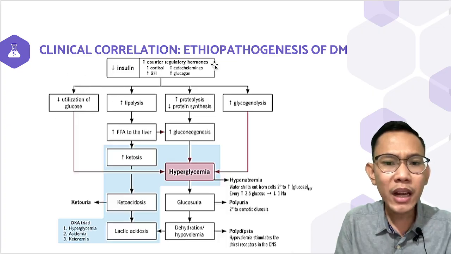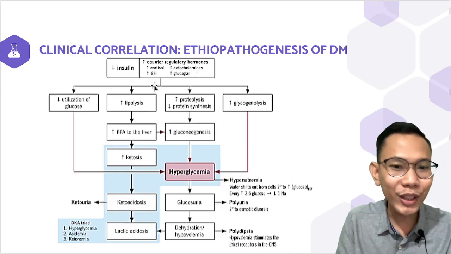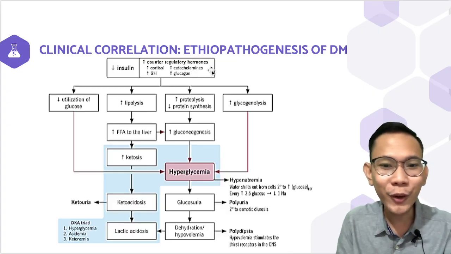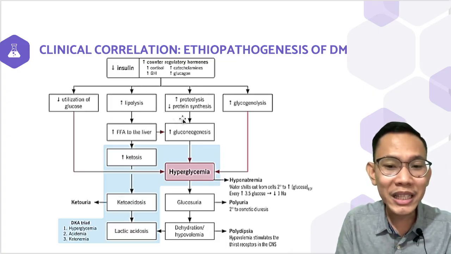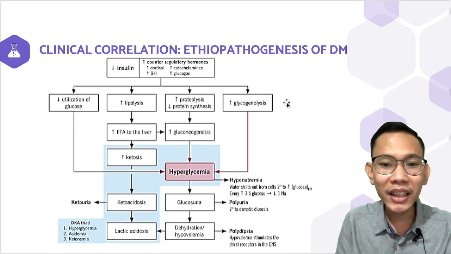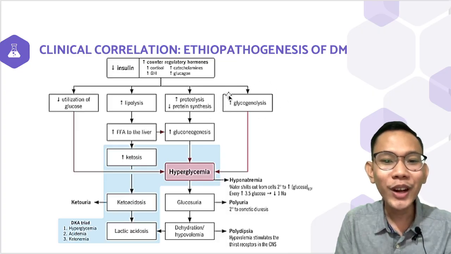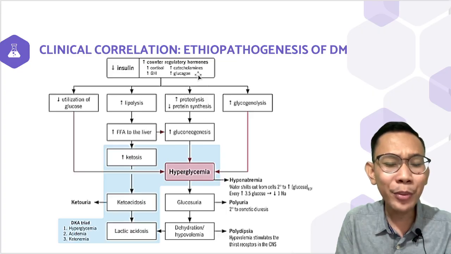So, if there is a counter-regulatory hormone, alam na natin yung effect ng ating mga counter-regulatory hormone natin. There will be increased lipolysis, decreased protein synthesis, and increased glycogenolysis. Because of decreased protein synthesis, anong nangyayari?